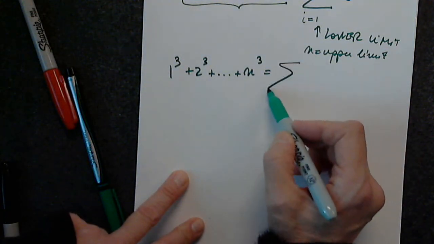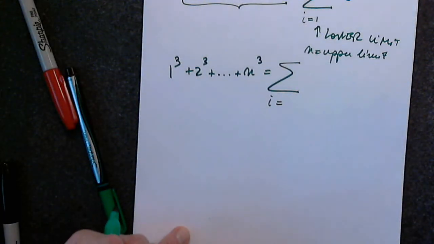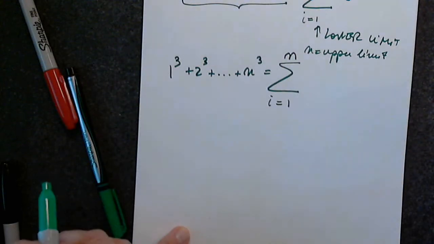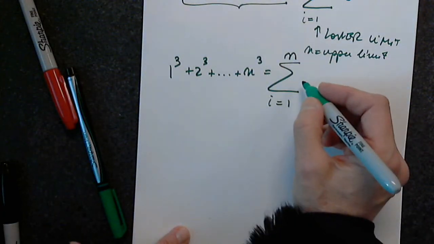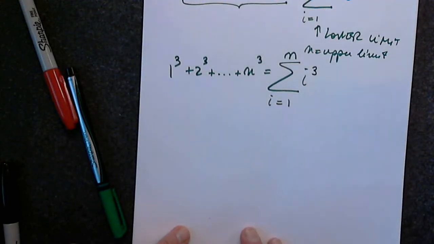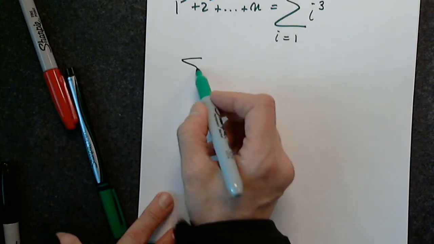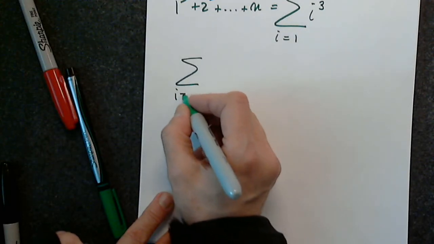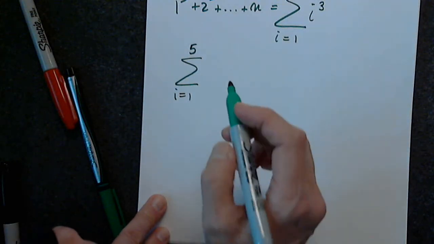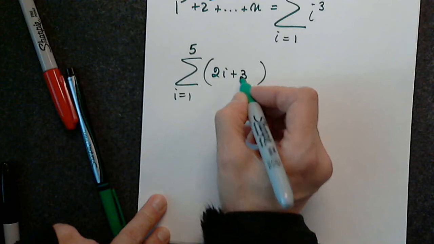You will write it as the sum, or the sigma notation, from i equals 1 through the last one, which is n, with the general term, which will be i cubed. Okay, I would like you to expand this for me. i equals 1 through 5, and here is the general term, 2i plus 3.